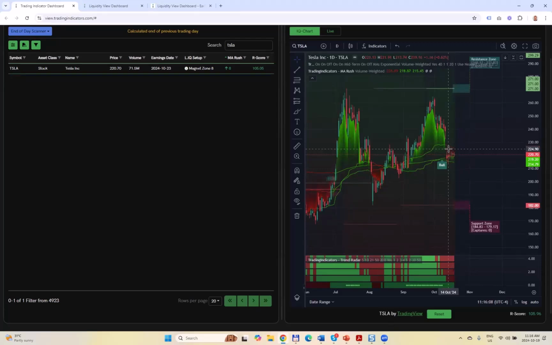Strangles are non-directional, and we will profit if price moves significantly in either direction. And I would not be surprised if, as a result of the earnings, we either gap up towards this resistance zone around maybe 260 or a bit higher, or all the way down here to like 180, 186. So this could be a big move.